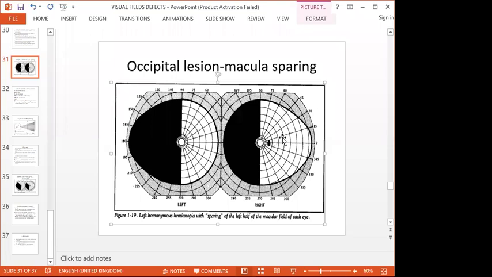Then this could be part of the optic disc. Fovea, central vision. Fovea and central region, macula. Fovea is the center of the macula. Okay.